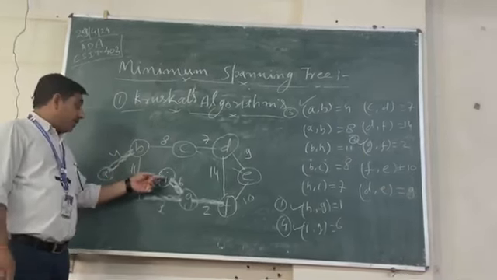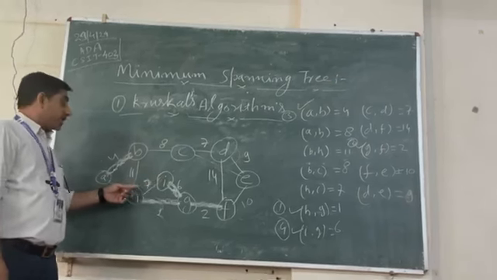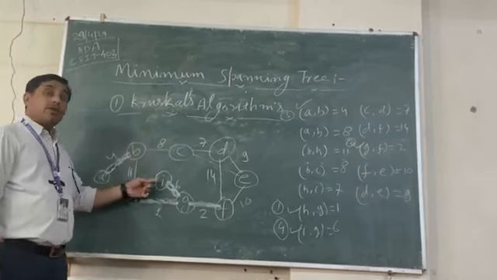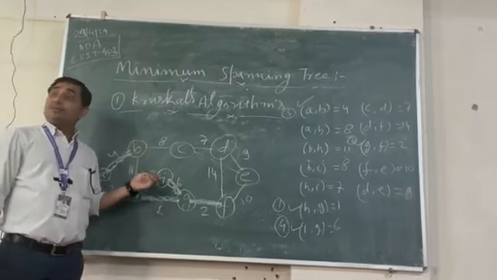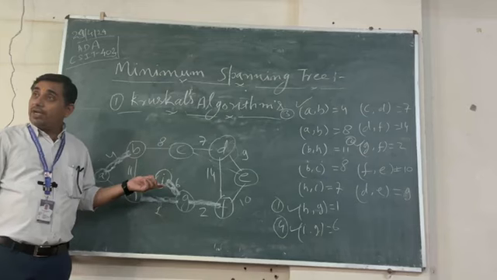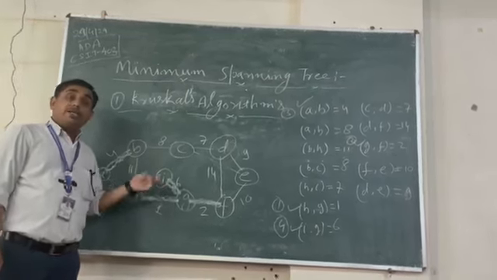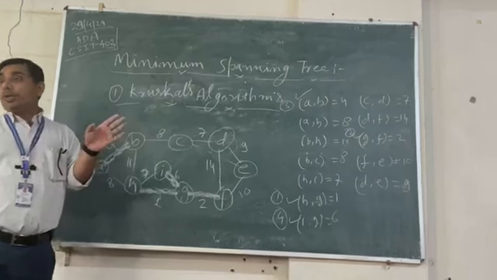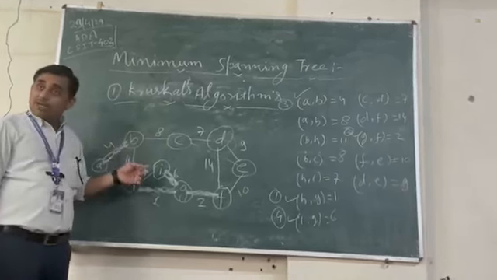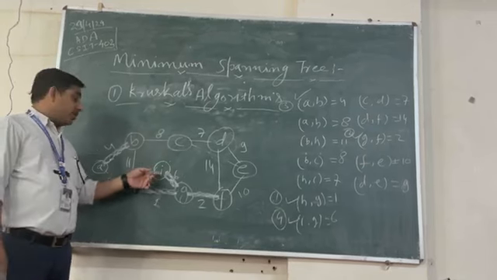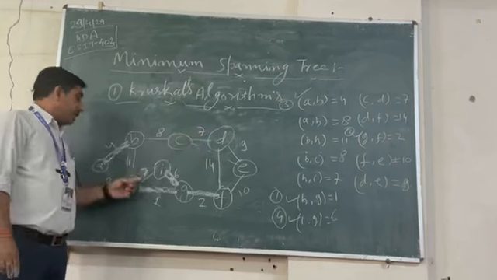First, I to H we will not consider, because it forms a closed loop, and we are finding a tree, and in a tree no closed loop is possible. So we will not consider this 7. Clear?